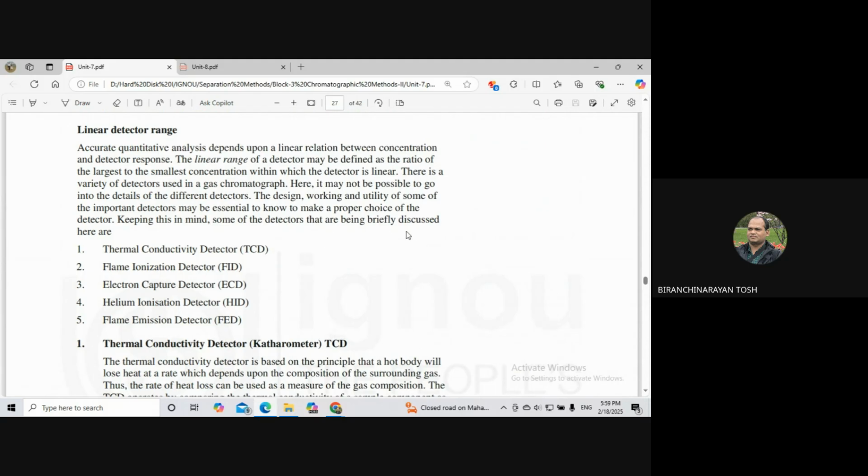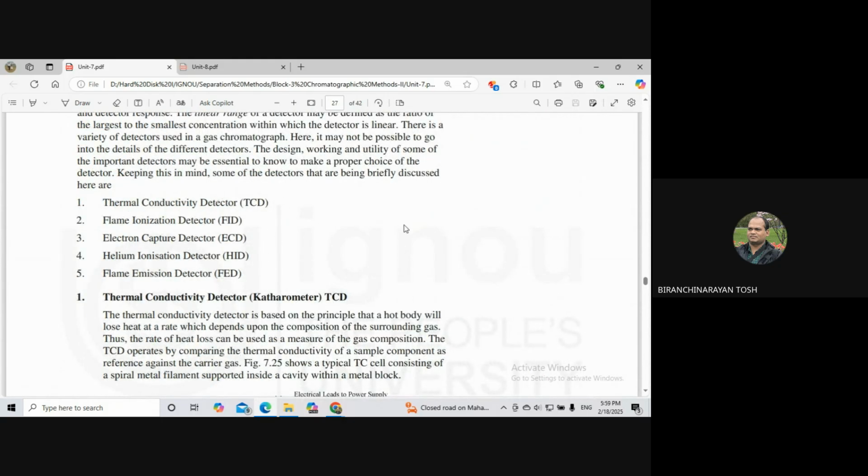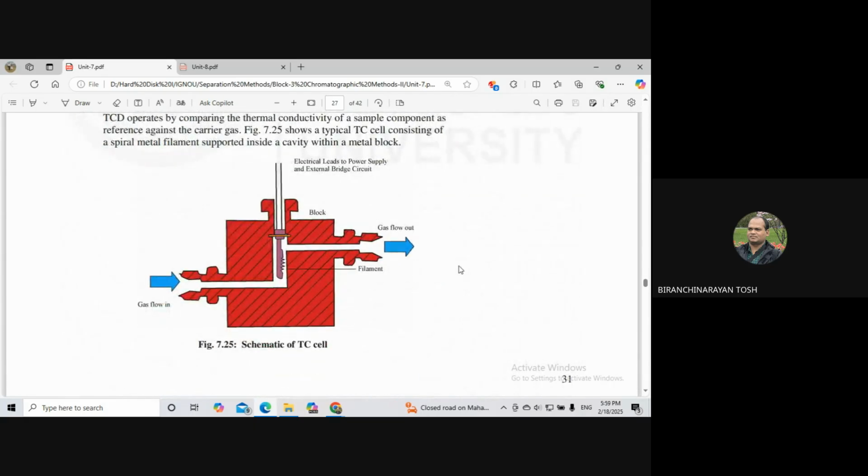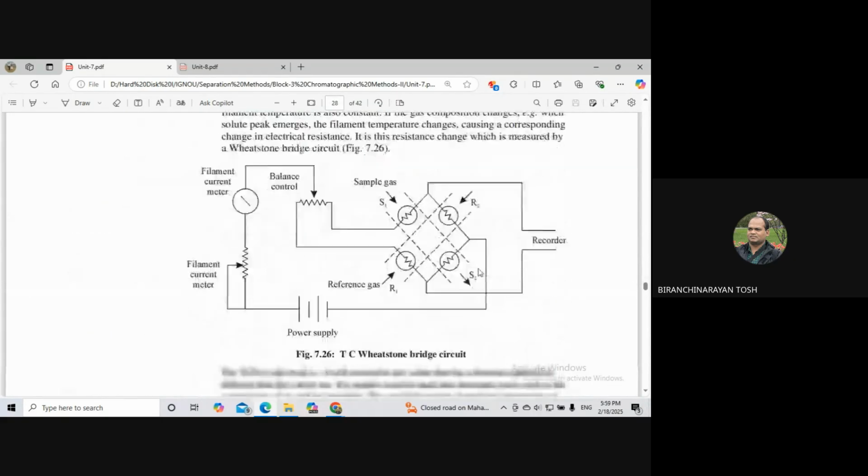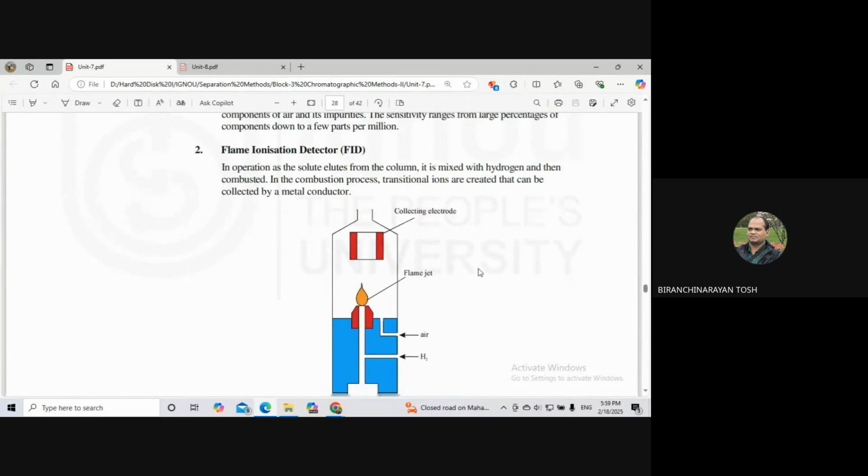Some of the detectors that are briefly discussed here are the thermal conductivity detector, flame ionization detector, electron capture detector, helium ionization detector, and flame emission detector. So these are the different types of detectors. The thermal conductivity detector is the catharometer. This is the thermal conductivity cell detector. Then the flame ionization detector.